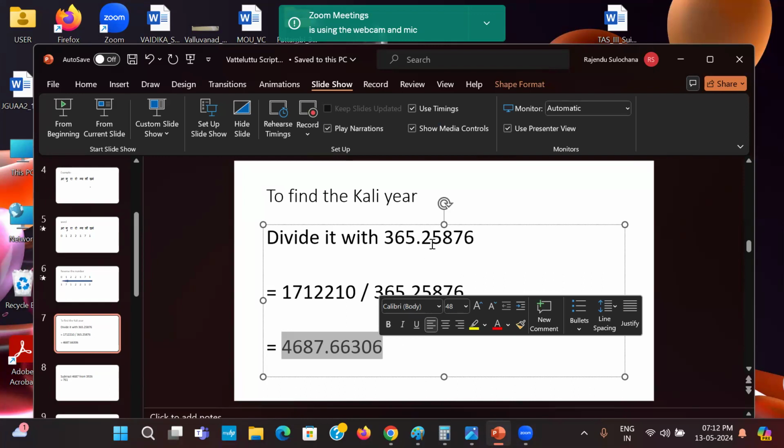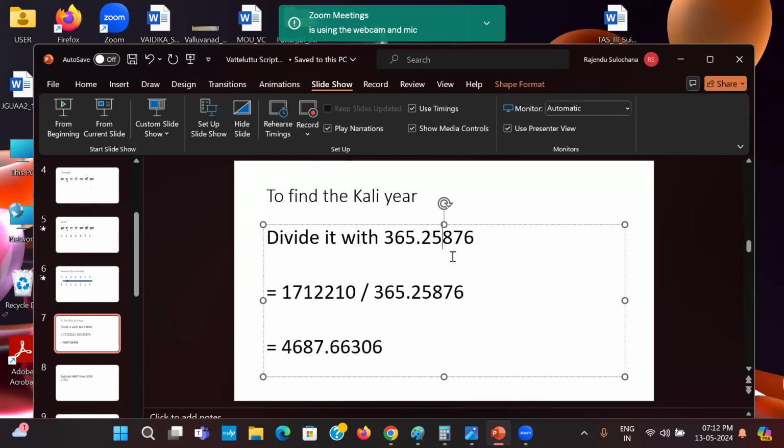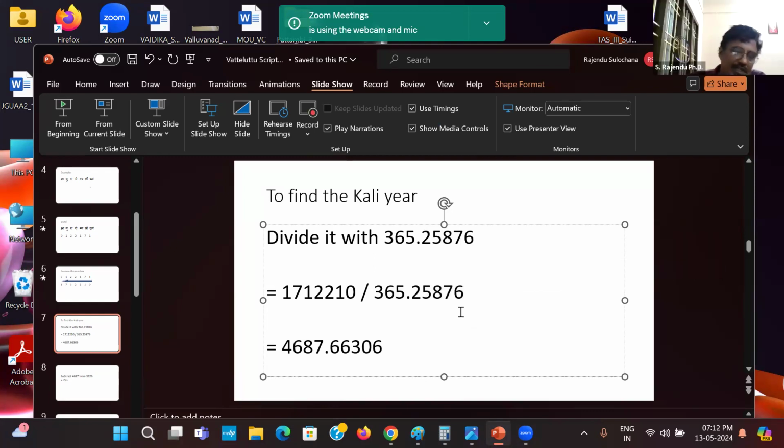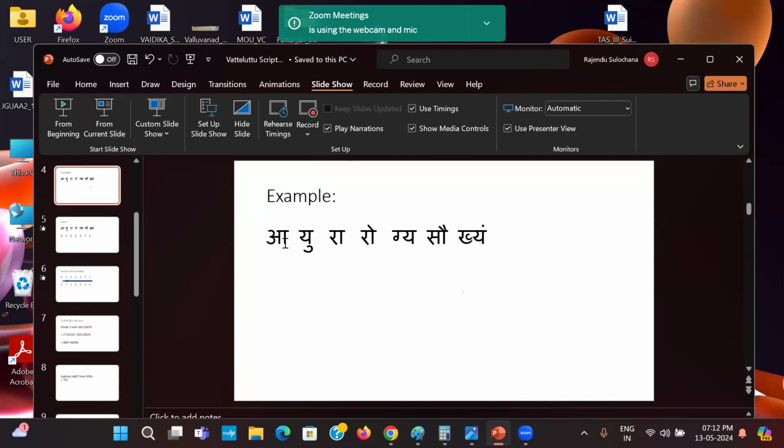Sir, why reverse the numbers? Why are we reversing the value? That is the formula. Actually, we are creating the word before it, in the reverse form.